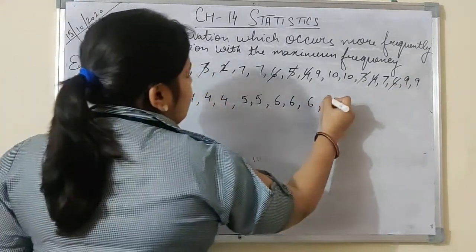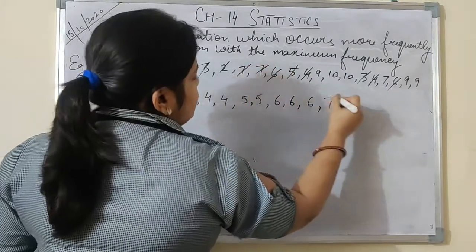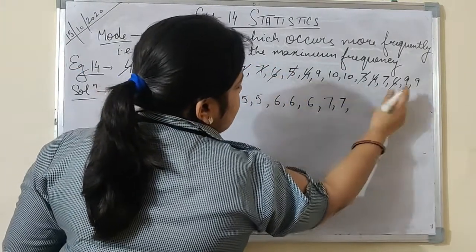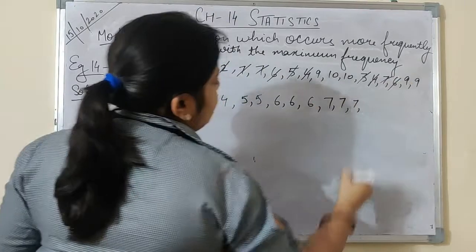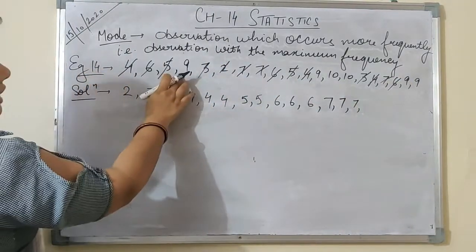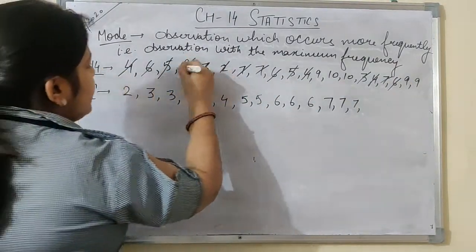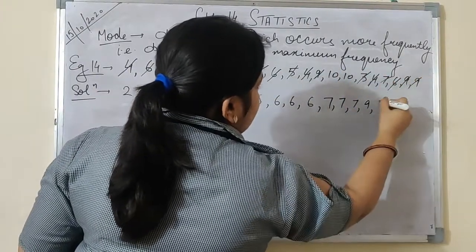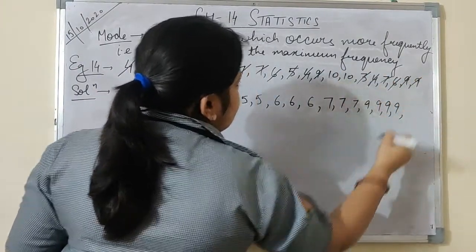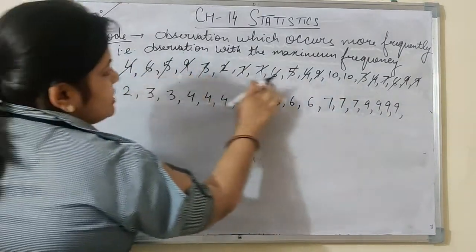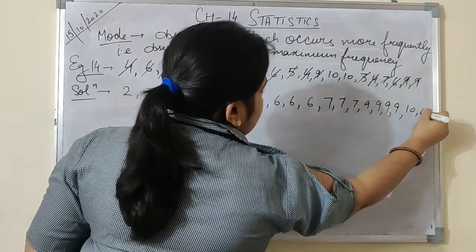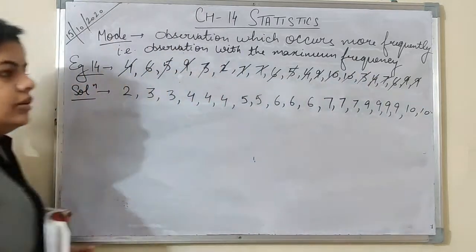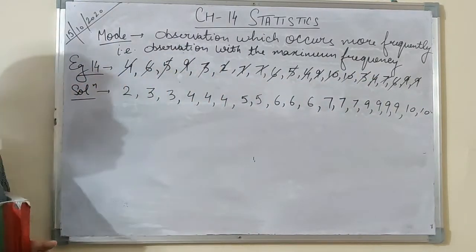Then next is 7, 1 time, 2 times, then 3 times it is coming. Then 8 is not coming. Next is 9, 2 times, 3 times, 4 times. So you will observe that 9 is coming 4 times. The next is 10, coming 2 times. I think this is clear to all of you.